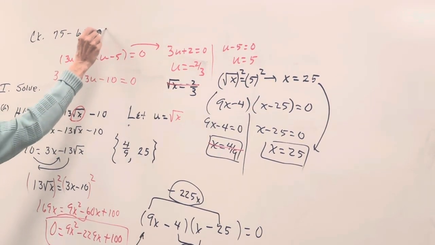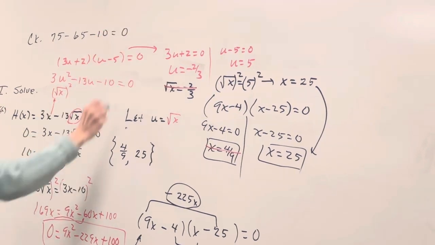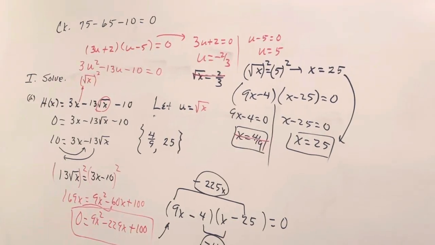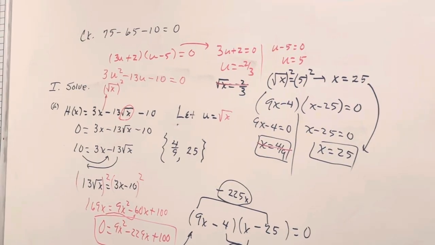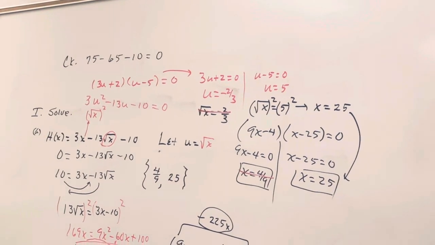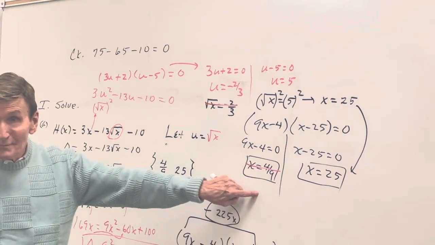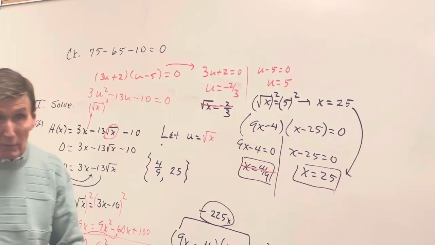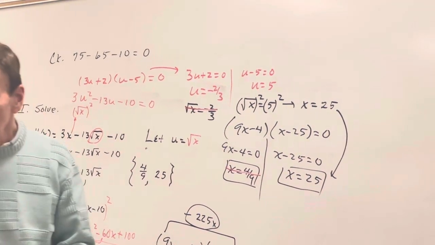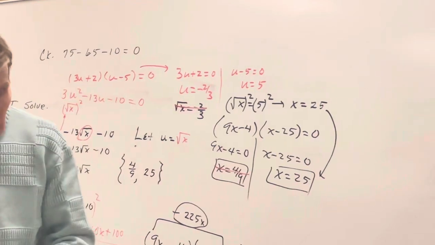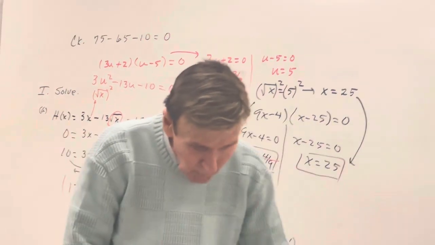And then minus 10. Will that give me 0 altogether? If it does, then I will definitely accept that answer of 25. It checks. This has got to be rejected because of that square root. Any concerns there, guys? So that's one there. I solved. Got one. Be careful here.